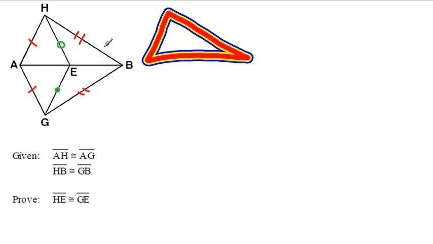In other words, what we need to do is we probably have to prove the triangle AHB must be congruent to AGB. Now, using the idea of corresponding parts being congruent to each other, we should be able to somehow prove that these two green line segments must be equal to each other. So let us try to look into this example together, see what happens.